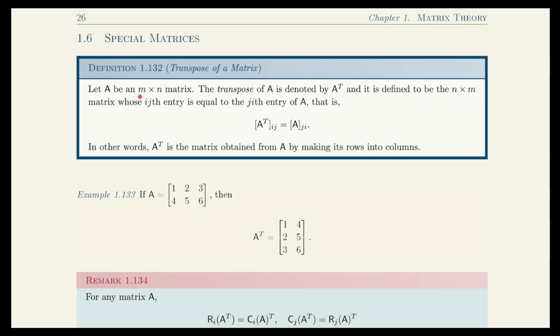So if your original matrix is m by n, the result of this transpose operation is an n by m matrix, so that the entry ij of this new matrix is the entry ji of the original matrix. Okay? In principle, it means that you are interchanging rows and columns.